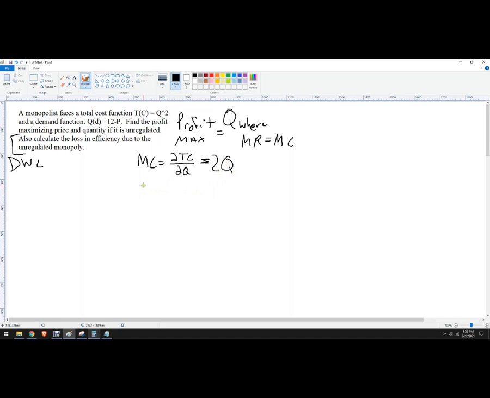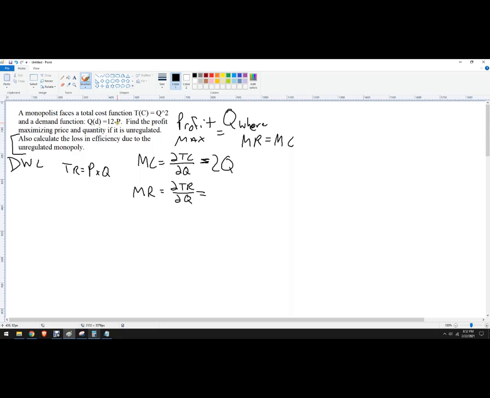And then the marginal revenue is the partial derivative with respect to Q of the total revenue function. So I need to first calculate total revenue. It's going to be price times quantity.